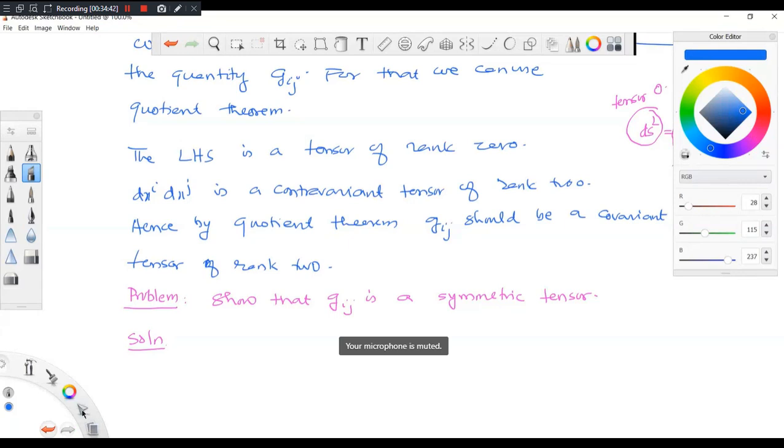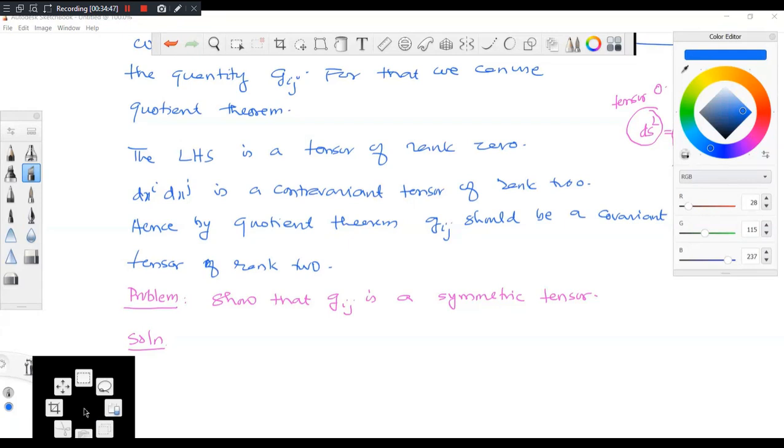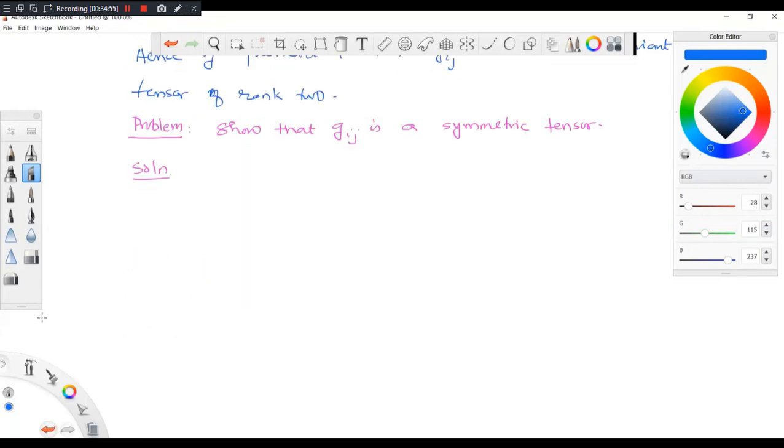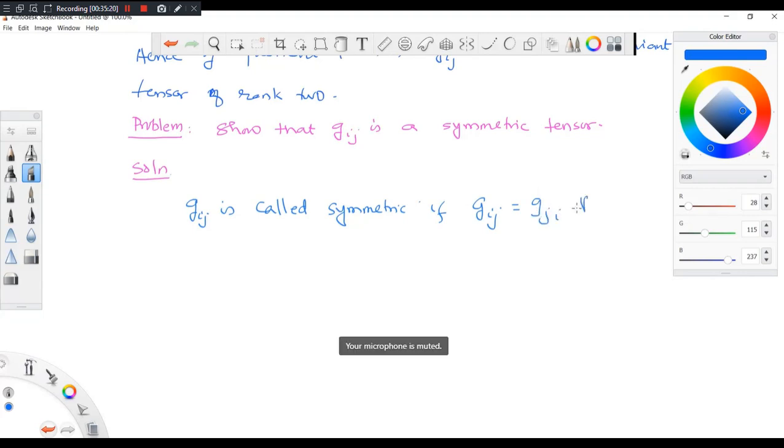How can you prove that it's symmetric? You know, a second rank tensor is nothing but a matrix. And you know what a symmetric matrix is. So how can you define a symmetric tensor? Gij is called symmetric if Gij is equal to Gji for all i and j.